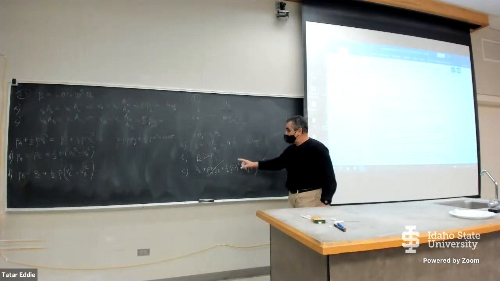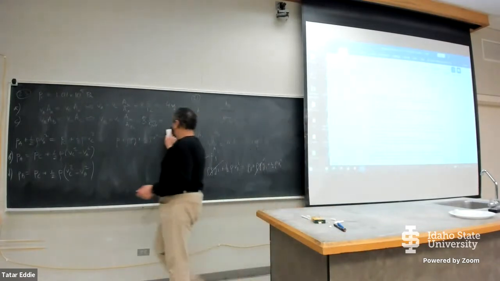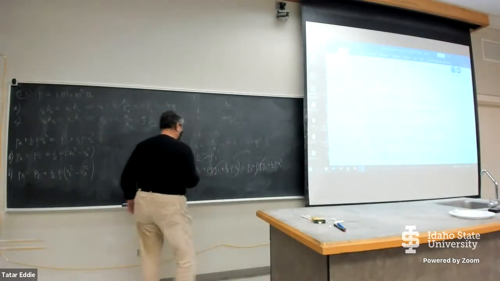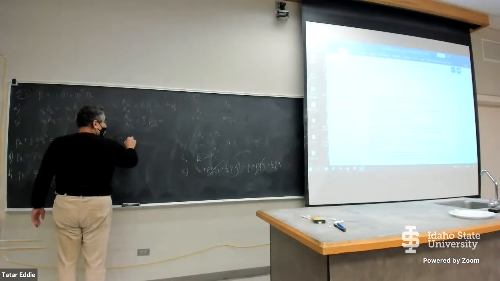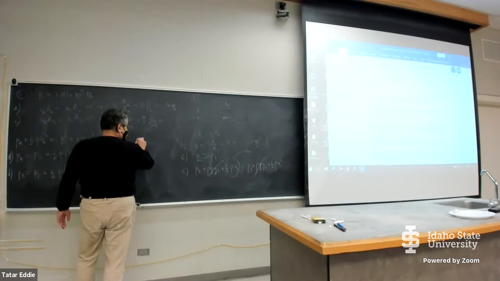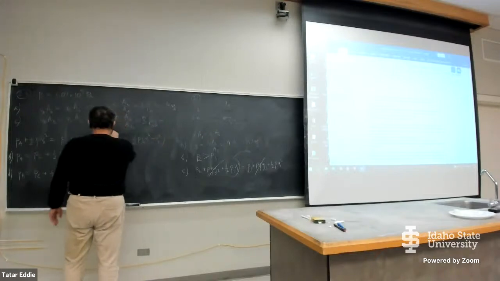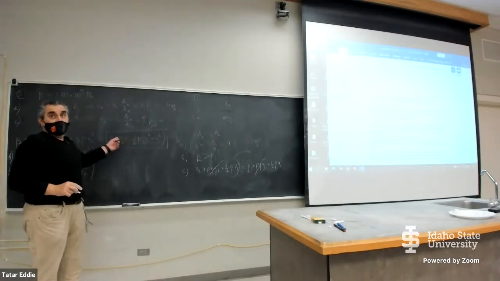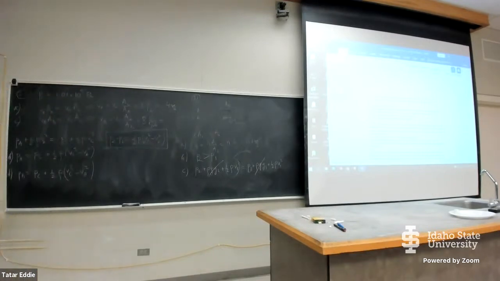You move the pressure P1 to the other side of the equation with opposite sign, and this term to the other side with opposite sign. And you get the pressure difference P2 minus P1 is equal to, you can factor out 1/2 rho, and in the brackets, you're going to have V1 squared minus V2 squared. So this is the pressure difference. V1 is larger than V2, and this is why the pressure difference is going to be positive. Pressure at point 2 is higher.